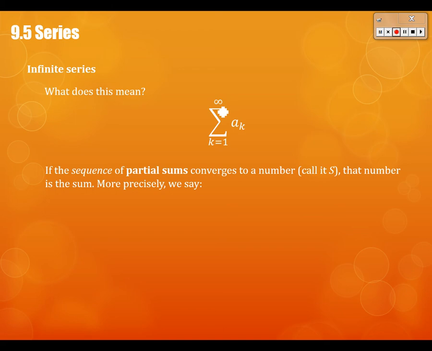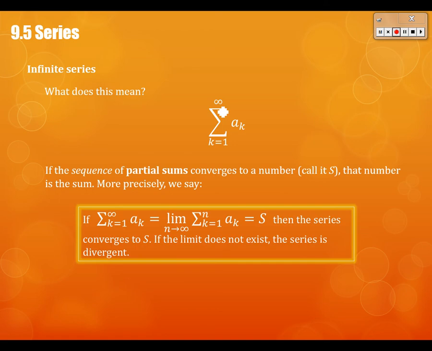And the question is, as I ask for increasingly larger sums, are they getting closer to a number? Let's call it S. If so, then this symbol has meaning, and this sum, we would say, converges. The series converges.